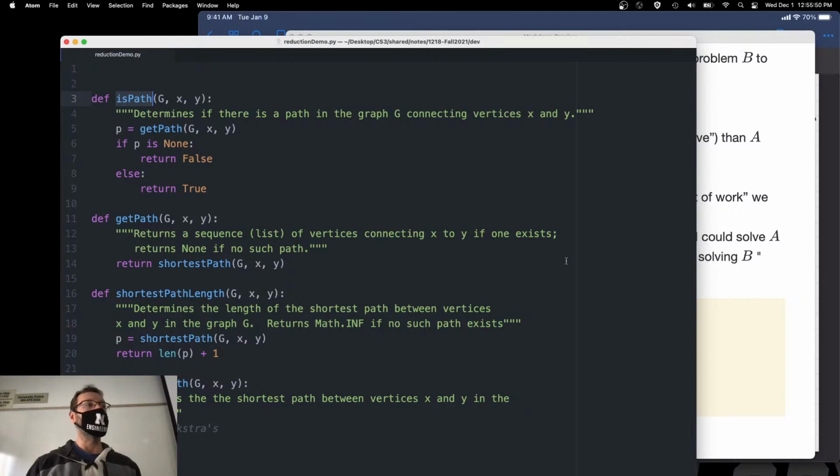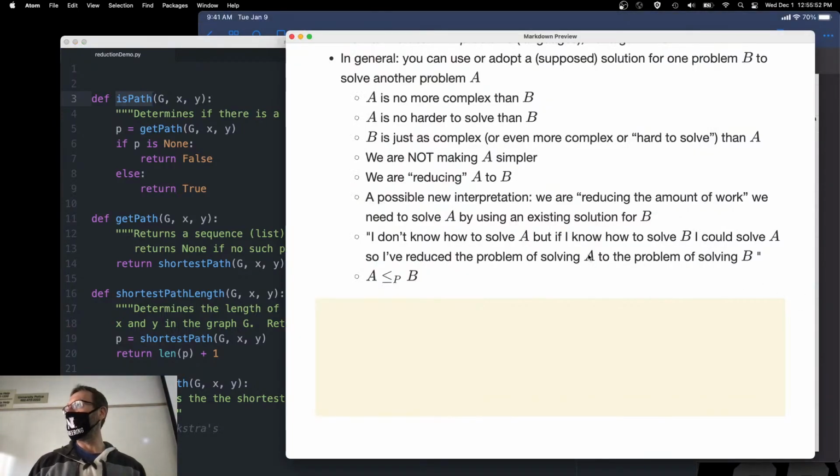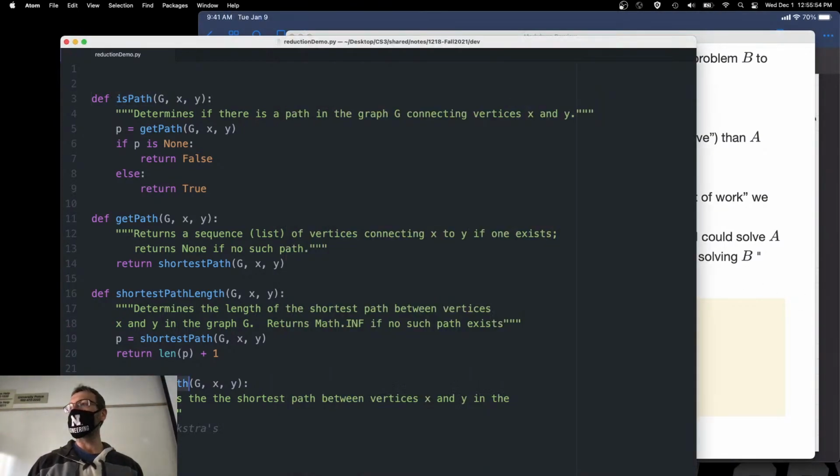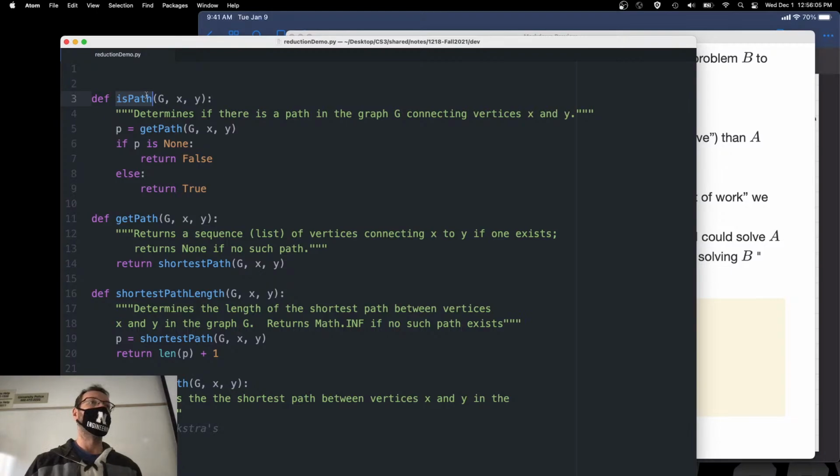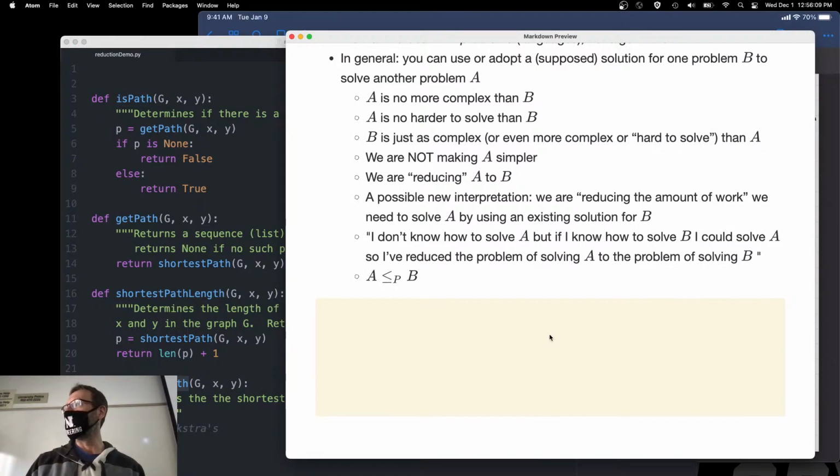But I have seen Dijkstra's. I do know how to solve B, which is the shortest path. So I could use the solution for B, the more complex problem, as a solution for this problem over here. And that reduces my work.